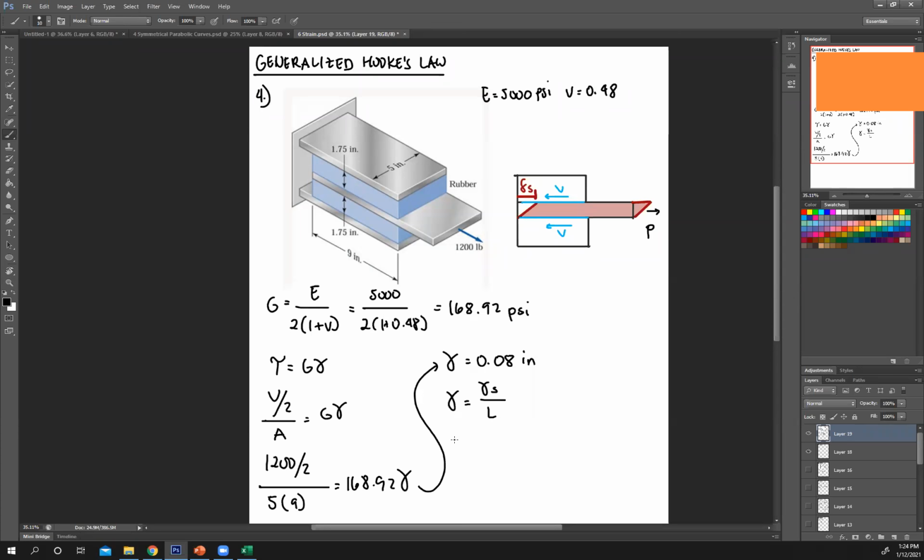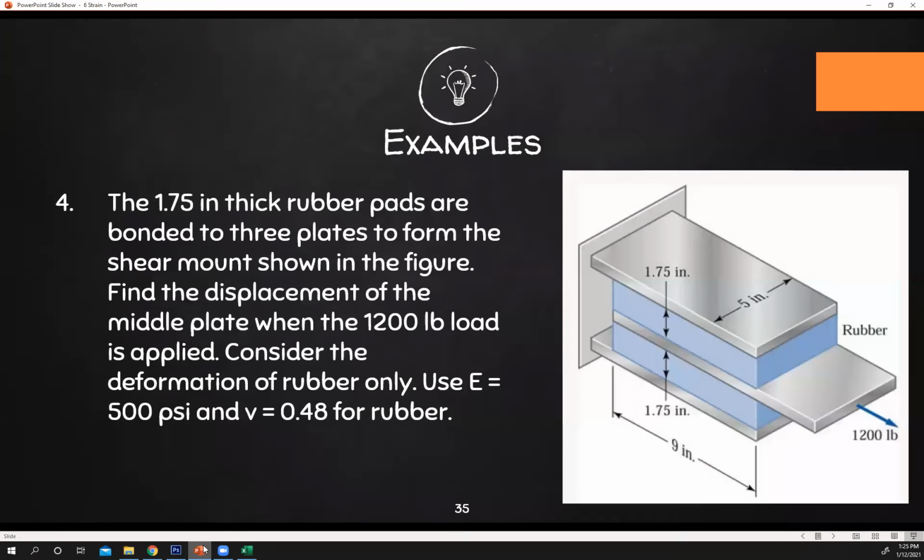So gamma S is just 0.08 equals gamma S over what's L? L is just the original length, which is the height. This is your L. So 1.75 inches. Let's look at the figure.